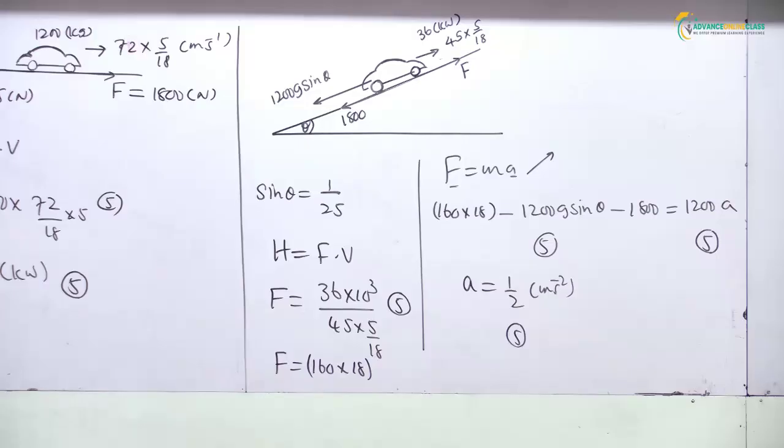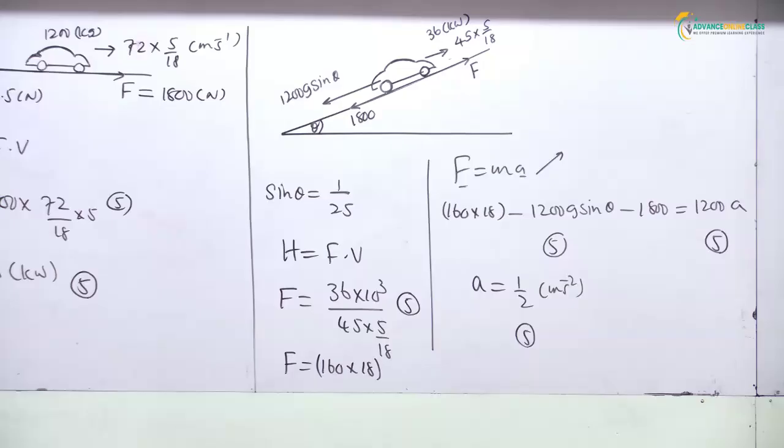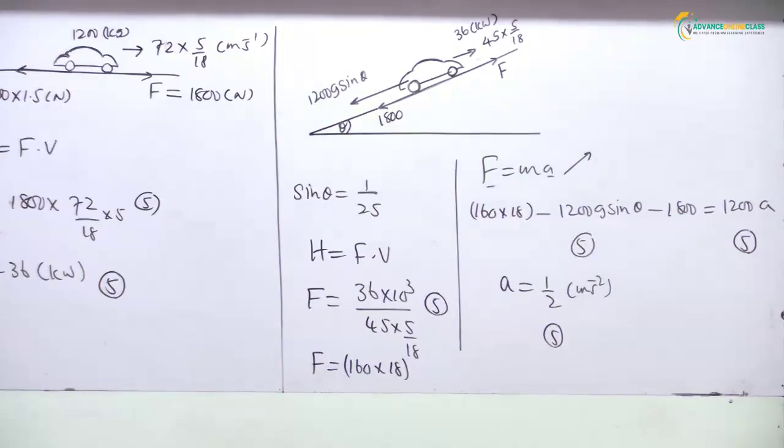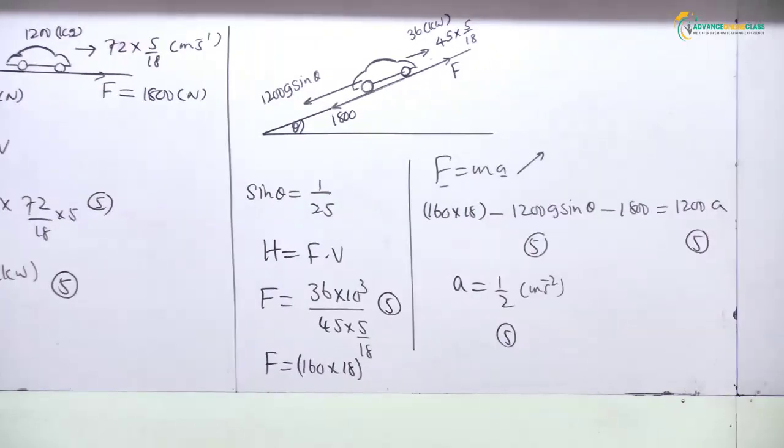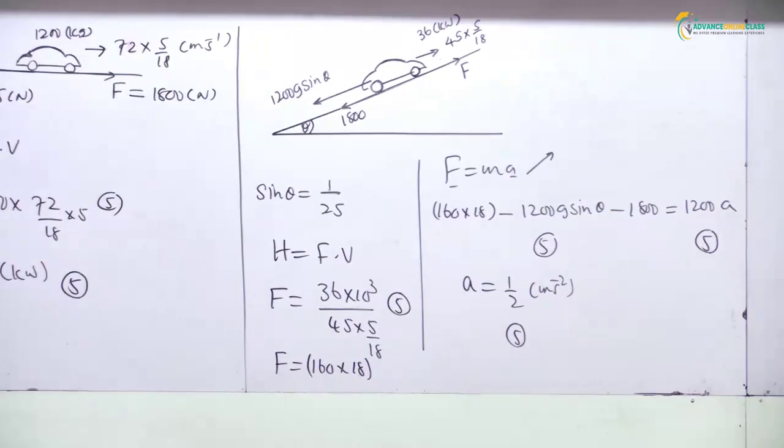The last question, the last part. Now, a uniform sphere of weight W and radius R is in equilibrium on a smooth inclined plane of inclination 30 to the horizontal with a string of length L joining the sphere and a point on the inclined plane.